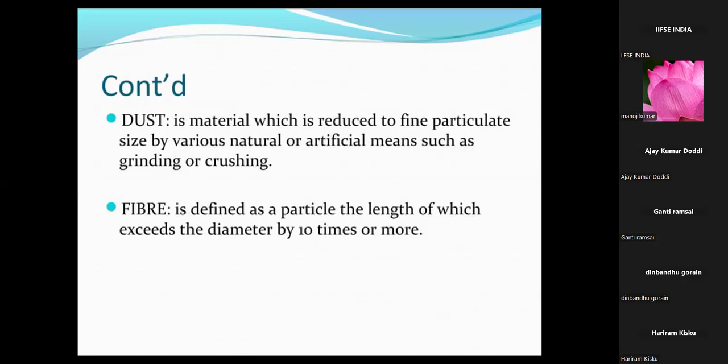We will see. A fiber is defined as any particle whose length exceeds the diameter by 10 times or more. So the length should be more than 10 times its diameter. Only then can you grade it as a fiber.